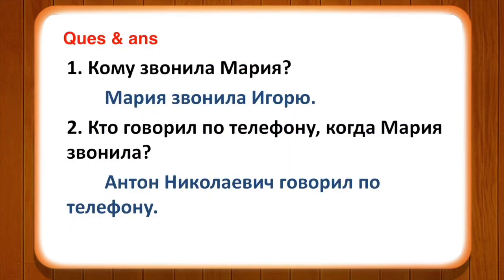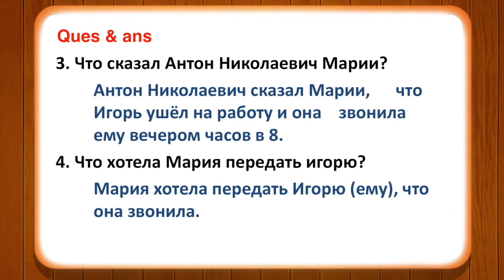Let's now look at the question and answers. Кому звонила Мария? Мария звонила Игорю. Кто говорил по телефону? Когда Мария звонила? Антон Николаевич говорил по телефону. Что сказал Антон Николаевич Марии?